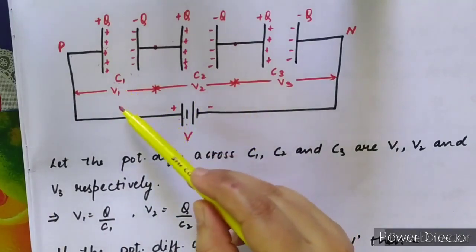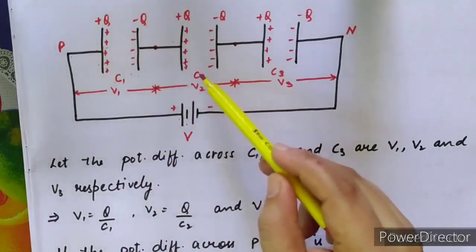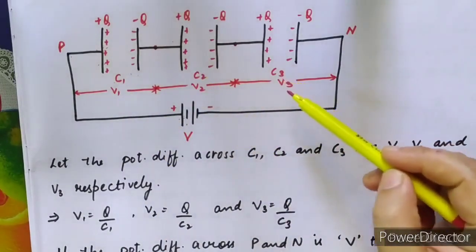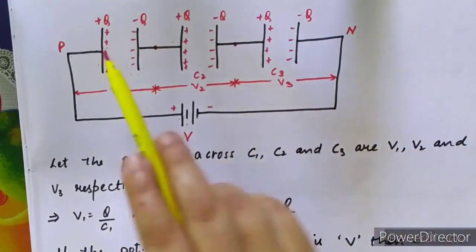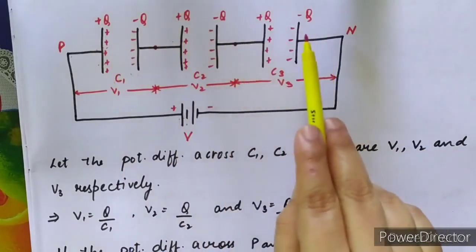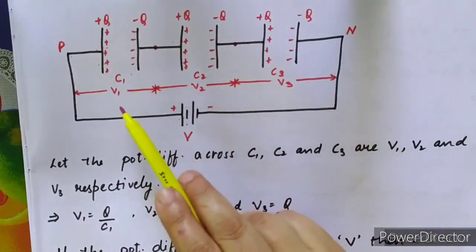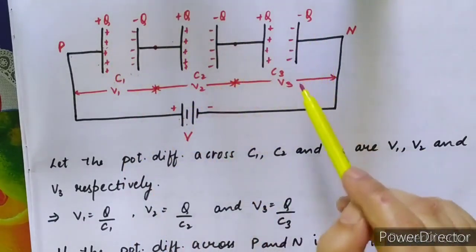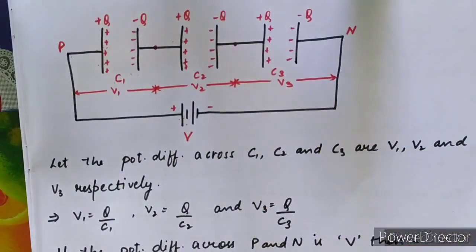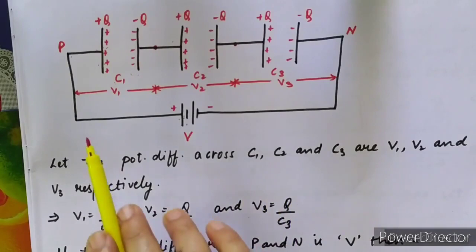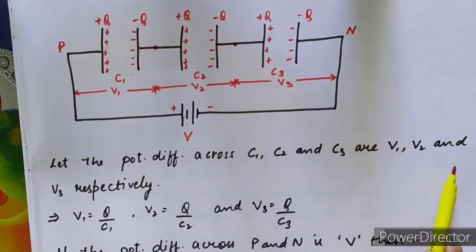For C1, it will be V1, C2, V2, C3, V3. Okay. Charges will remain the same, but capacitance and potential differences both are different. Clear? In series combinations, let the potential difference across C1, C2 and C3 be V1, V2 and V3.